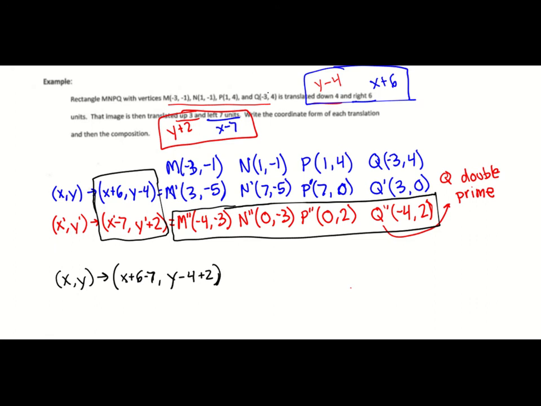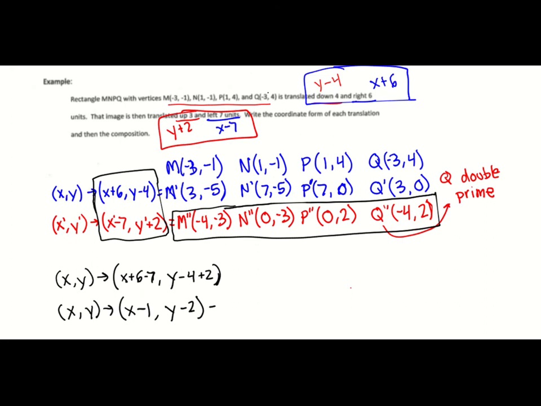You could simplify this. X plus 6 minus 7 is just x minus 1. Y minus 4 plus 2 is y minus 2. And this transformation would give you the same thing that doing both those steps would.